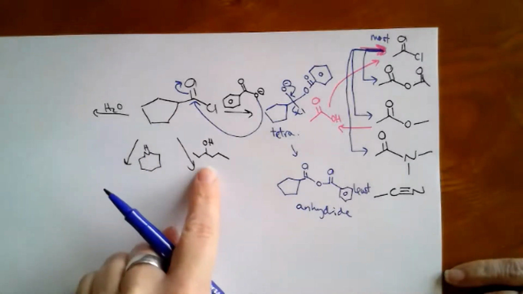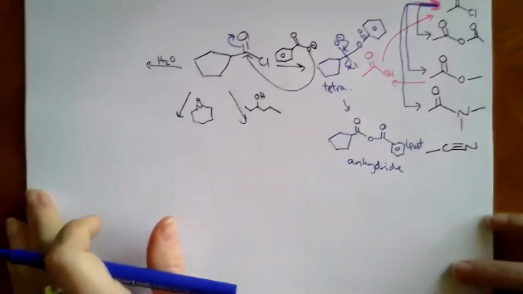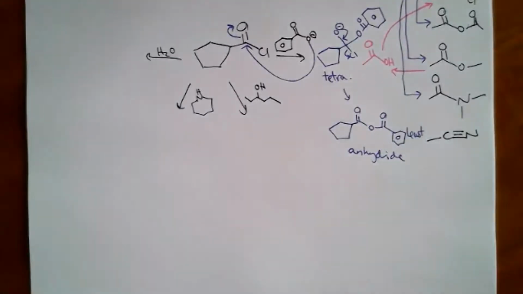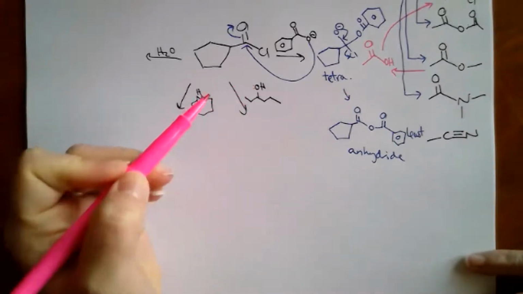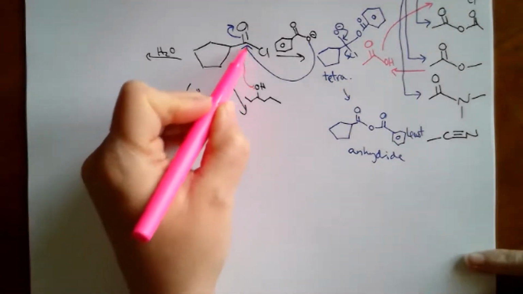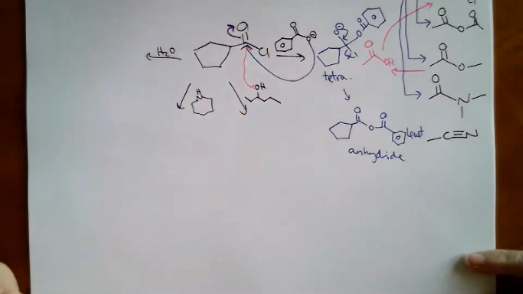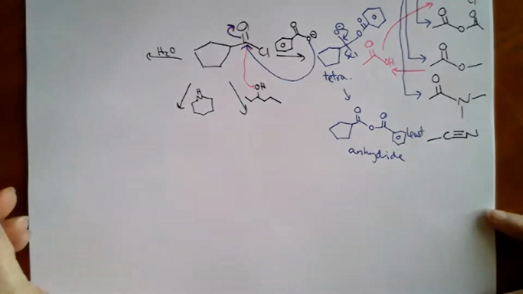Moving right along to this example down here. I have a nucleophile, so I attack the carbonyl carbon. Float electrons up onto that oxygen.